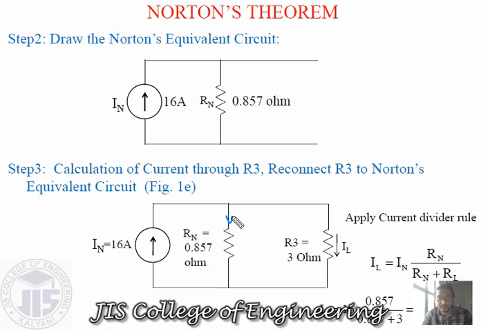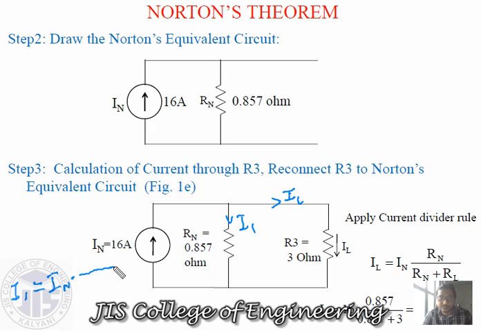suppose we consider this current as our I1, and as in the previous case, this current was IL. By the same logic, we can calculate I1: the current being divided is the IN amount of current. So IN multiplied with the other branch resistance.